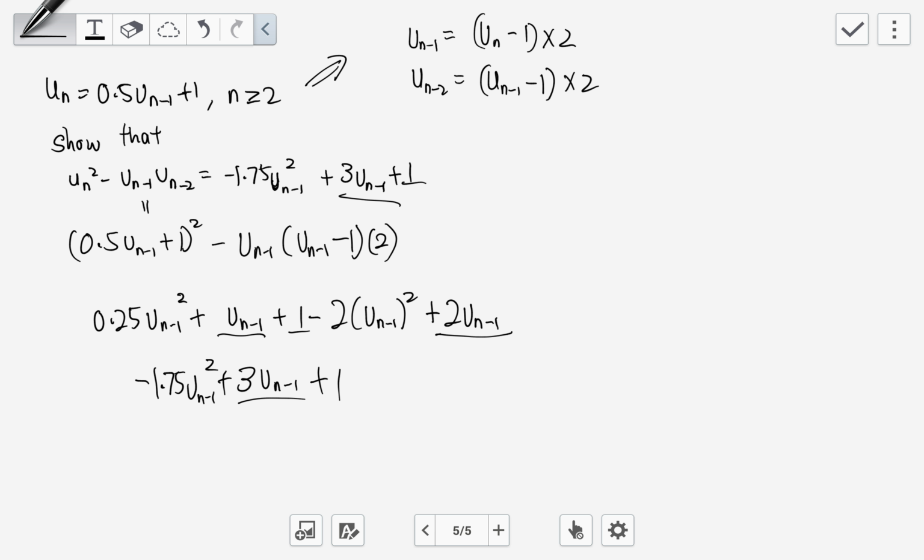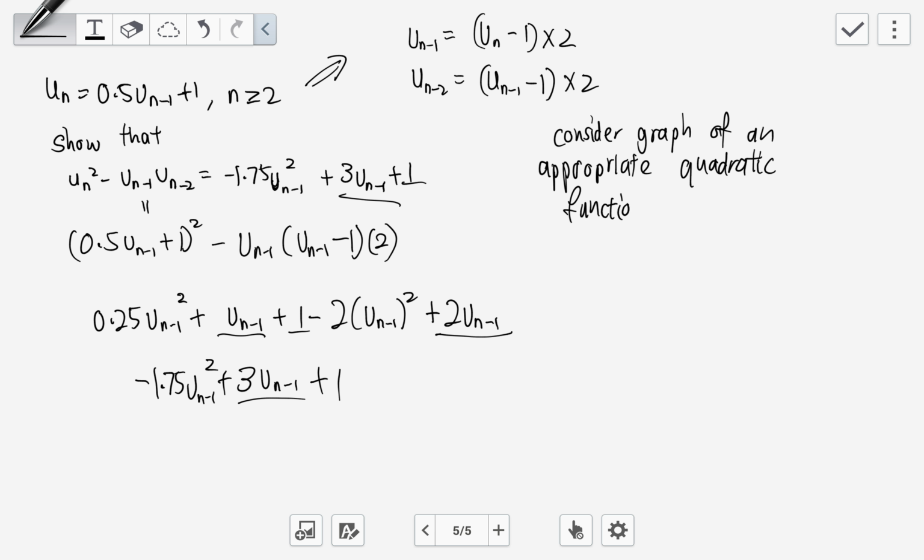So the next part of the question asks us to consider the graph of an appropriate quadratic function to show that if u_{n-1} is greater than, let me see, greater than L. I don't know where the L comes from.